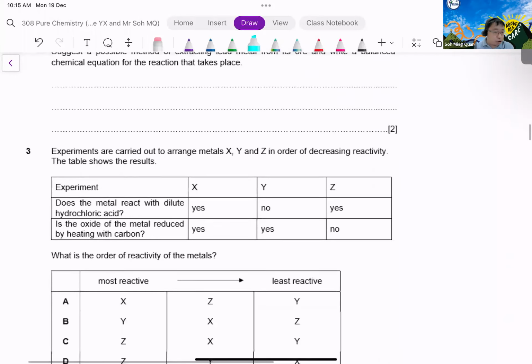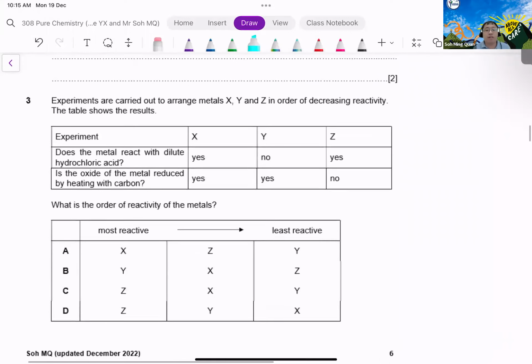For now, I want to try the MCQ question 3. Now, this is on page 6. At the bottom of page 6 of the notes, I want you to do it now and let's go through it together. All right, read carefully. Okay, so let me just give you 1 minute to read through question 3.